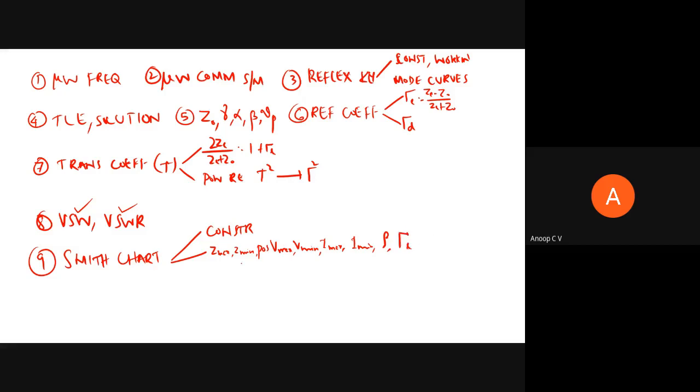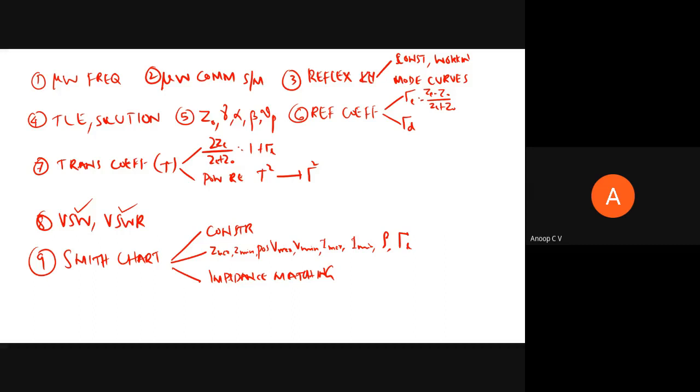And then impedance matching. So these are the topics for your first internal test.